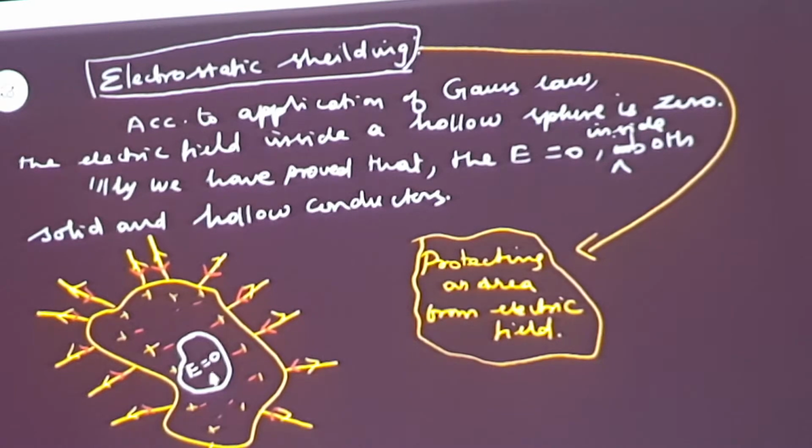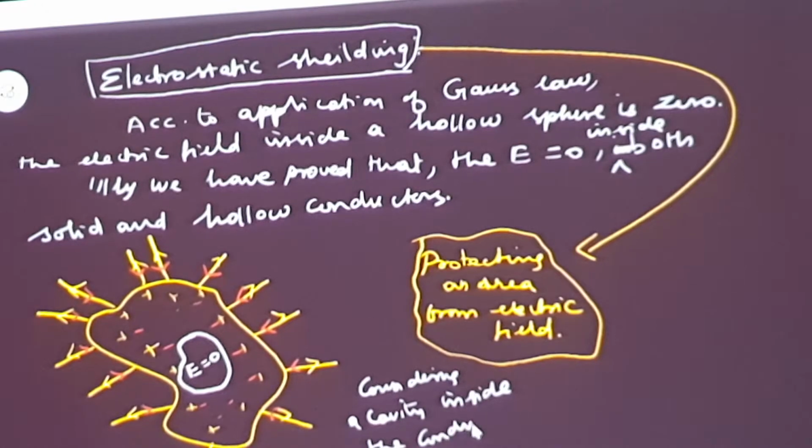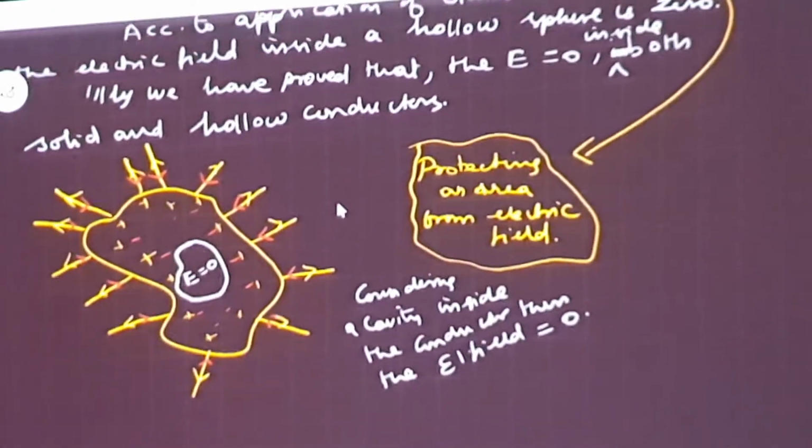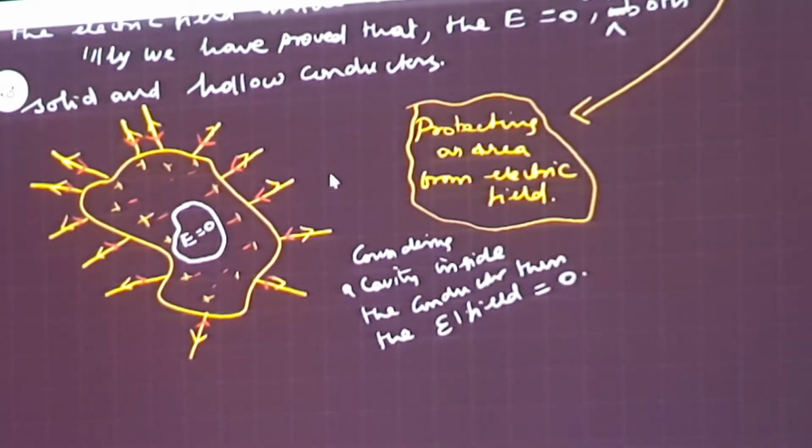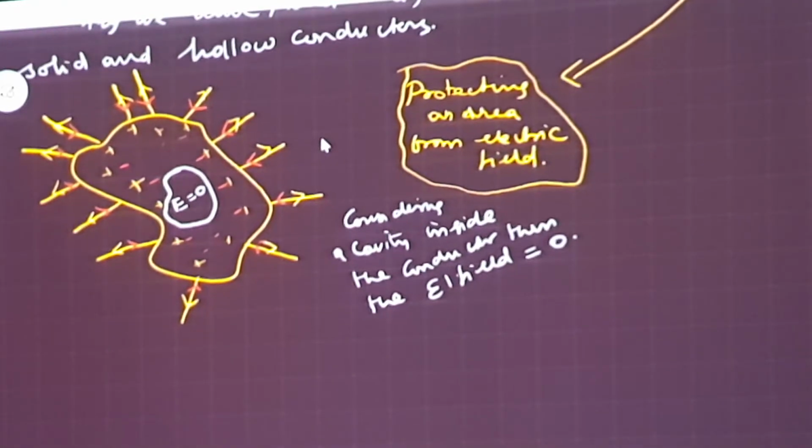So considering a cavity inside the conductor, the electric field is zero. While doing experiments, any electrical instrument that is sensitive to external electric field, if placed inside this cavity, is found to be unaffected.